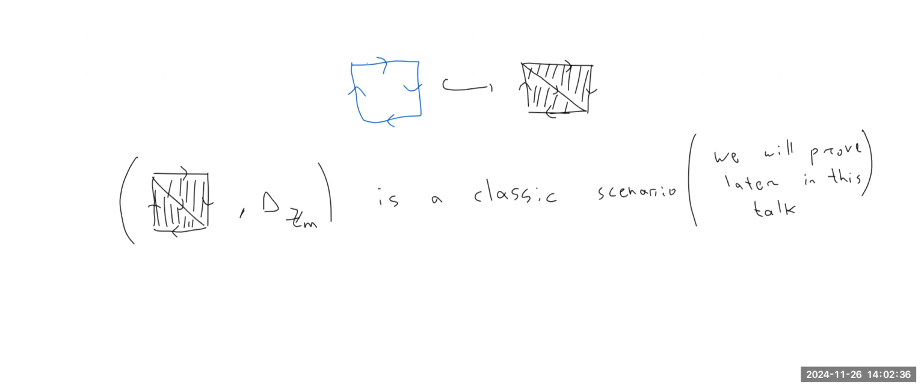Anyway, what we also need is to show that this inclusion map, let's call it I, gives us a map from the simplicial set on these two triangles, delta z2 or m, to this one.